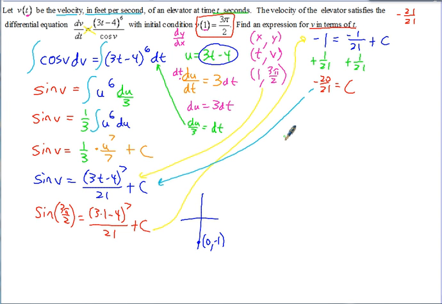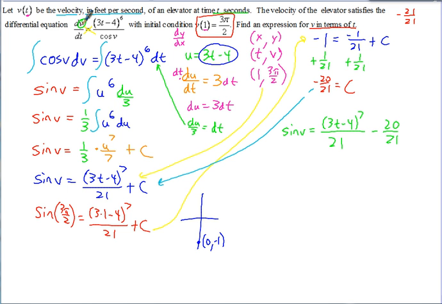We've almost got our answer. We've got the sine of v equals (3t minus 4) to the 7th over 21, and we just figured out c is negative 20 over 21. And now we just have to isolate v, to get an expression for v in terms of t. We'll get the v by itself. Notice that's the variable that's in the numerator. That's the one you always isolate.